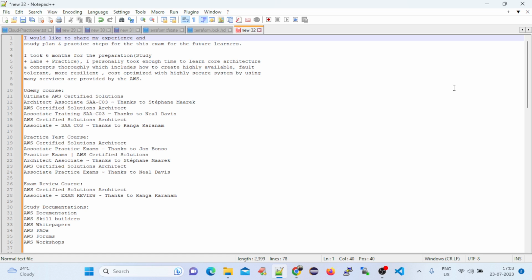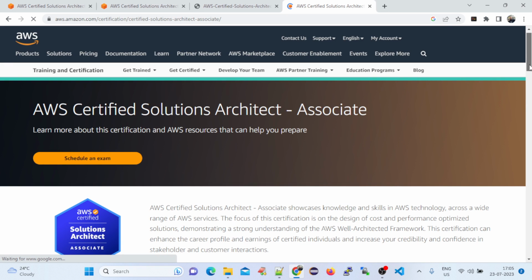Once you have landed on this page, please go through each and every piece of data defined here, and go down. You will see the option to download the exam guide. Please download it.